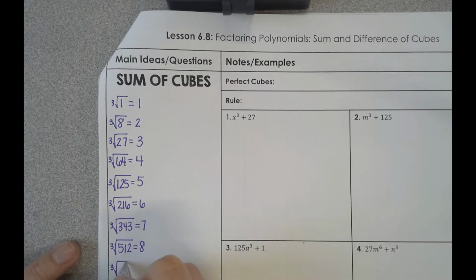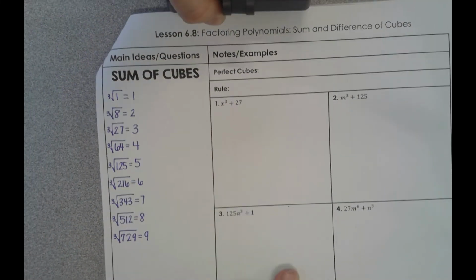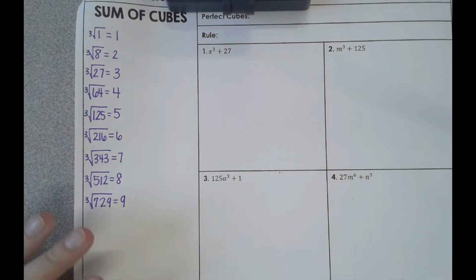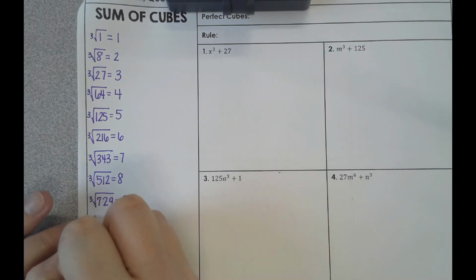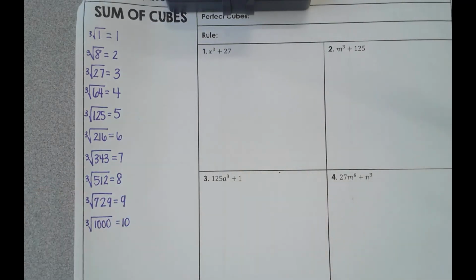The cubed root of 729 is 9. And last, the cubed root of 1000 is 10.